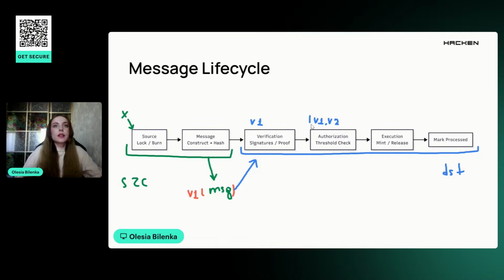It is verified whether this validator exists here, or in case there is threshold logic, whether it is satisfied. If everything checks out, the X amount of tokens is minted or released. And the message is marked as processed, so it cannot be replayed. So we have 6 steps here, and each one is a potential point of failure.